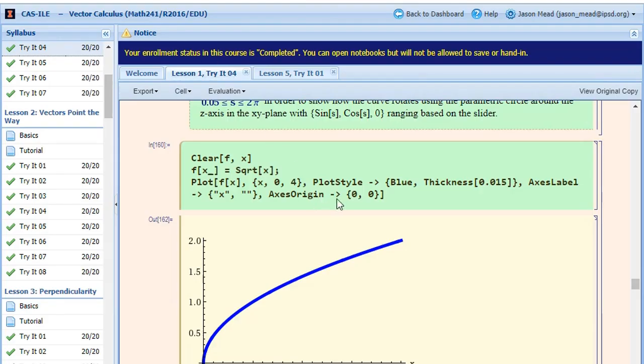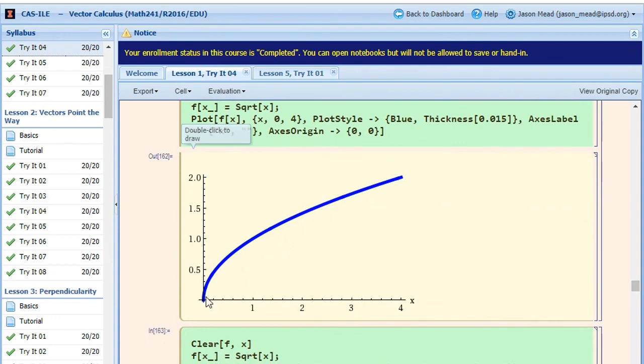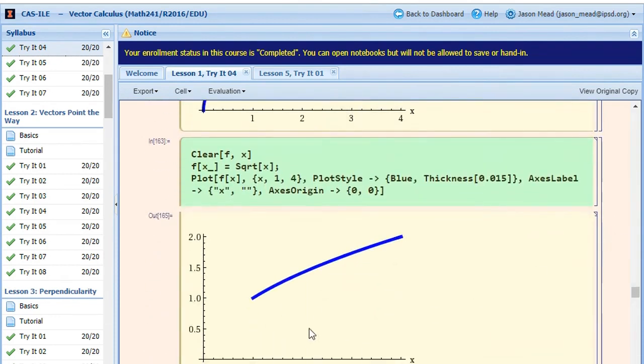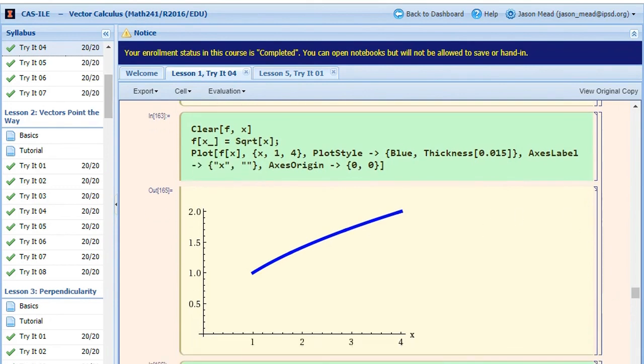So if we take a look here, I graphed square root of x from 0 to 4, and then I just graphed it from 1 to 4. So if we cut it off at 1 to 4, that's what it looks like.